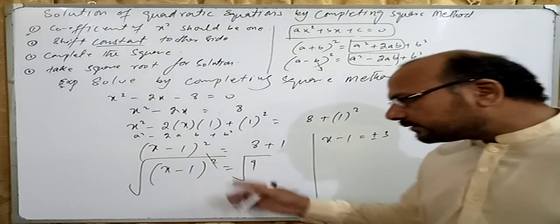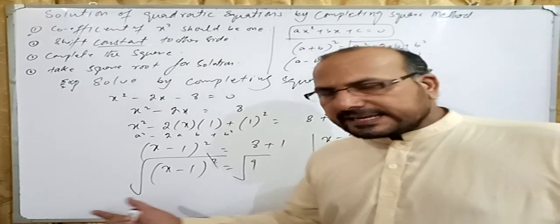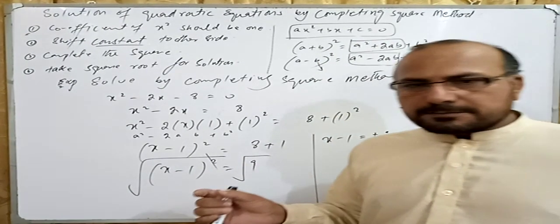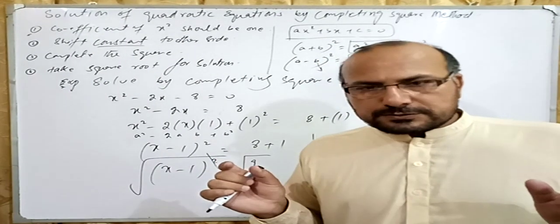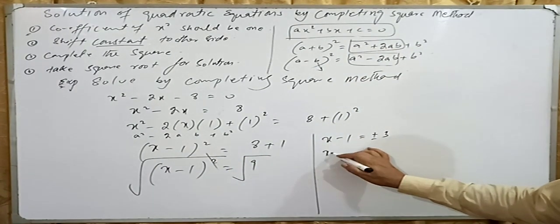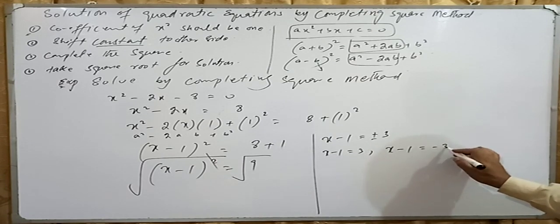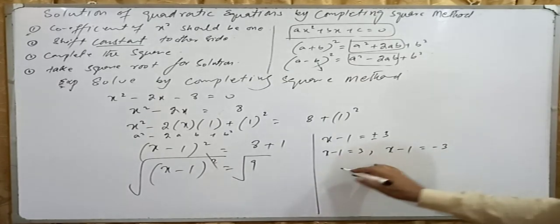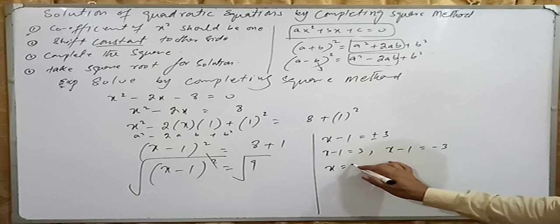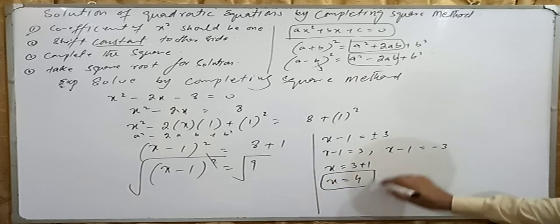Whenever you take the square root on both sides of the equation, if on one side we have a variable and on the other side a constant number, it will give you two values, one positive and one negative. Take one positive, x minus 1 equal to 3, and one negative, x minus 1 equal to minus 3. Shift this 1 to the other side, so x equal to 3 plus 1, or x equal to 4.